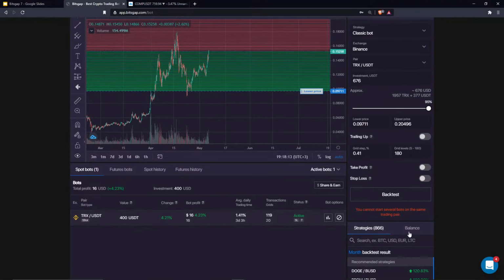That's something that is already on your balance and you can use it. So that's the cool thing about Bitsgap, that we actually take the fee into account, so that the data you receive here, the visualized one, is transparent, and you don't have to go to Binance or wherever you're trading, maybe OKEx, maybe Huobi, to check whether this profit is legit.